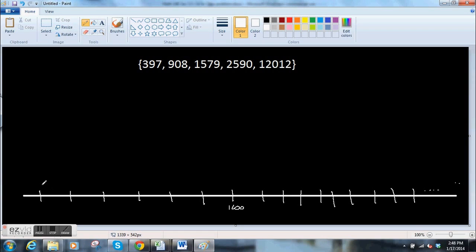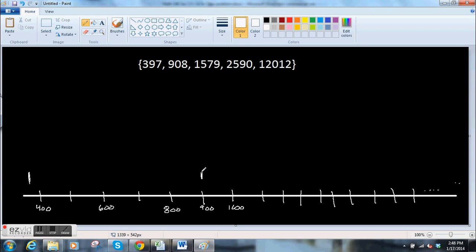So this is 400, 500, 600, 700, 800. Do you see how 12,000 is going to be off the scale? But 397 is going to be down there. You put the minimum. 908 is a little past 900, basically 900.